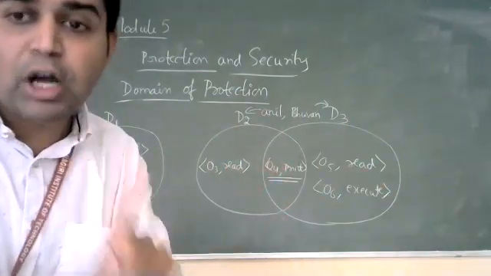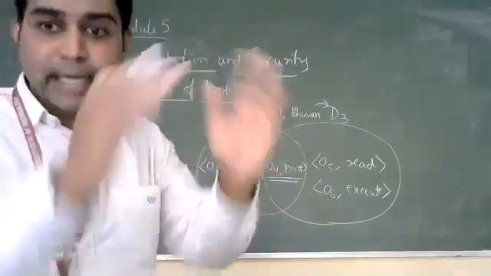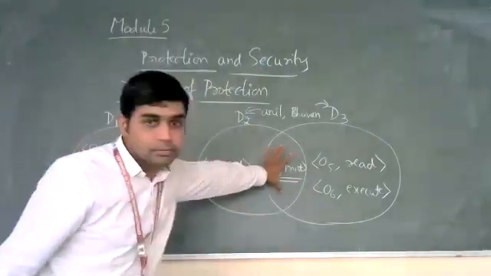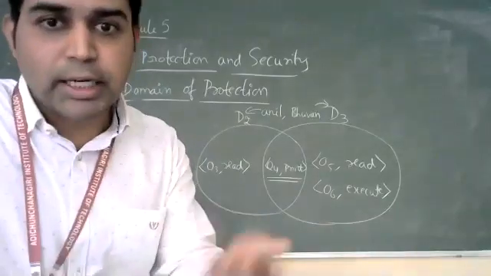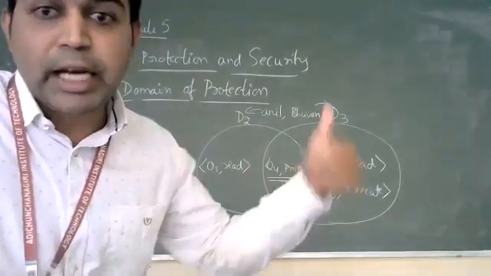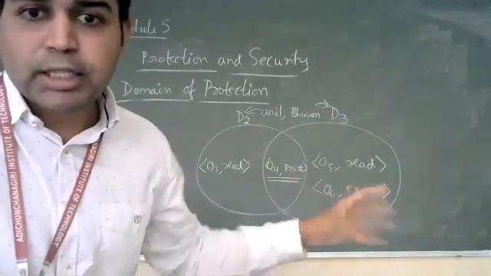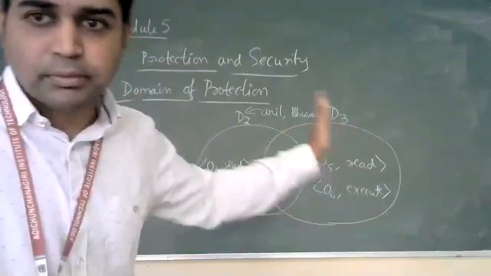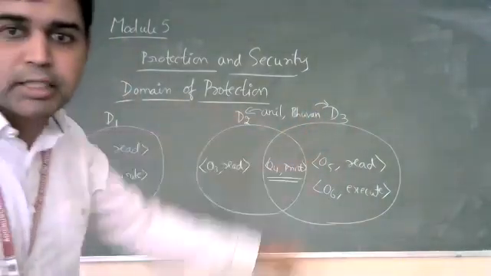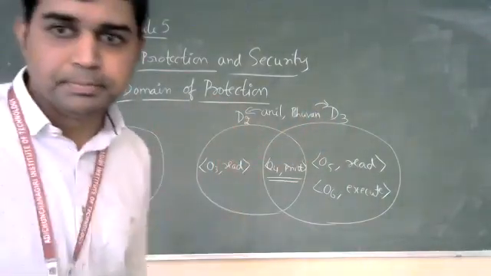The only object which is intersecting can be used by both users, Anil and Bhuvan, and not the remaining objects. So that is what your domain structure will look like. Clear with this?